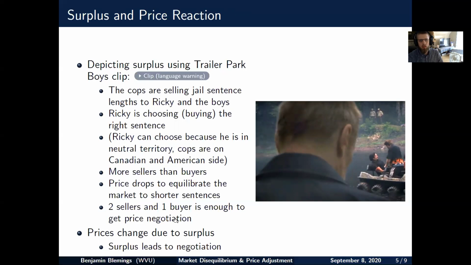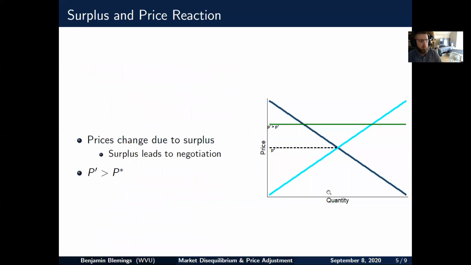And he essentially negotiates in front of each one to bring the length of the jail sentence, or essentially the price, down in this clip. And if you're interested in watching more, I suggest you see the clip, but there is a language warning on that. And so the price changes from being too high to being lower, because there's this surplus of people selling jail sentences, and that surplus leads to Ricky being able to negotiate that price down, even when there's only two buyers or 2 sellers.